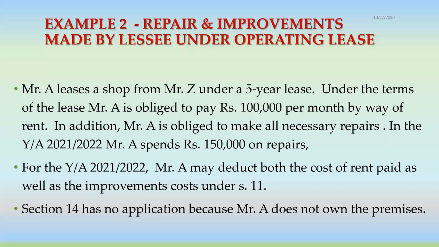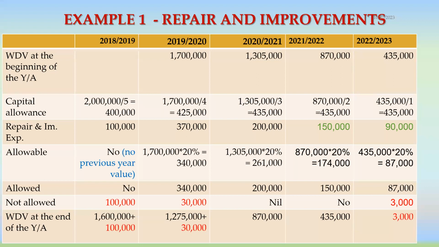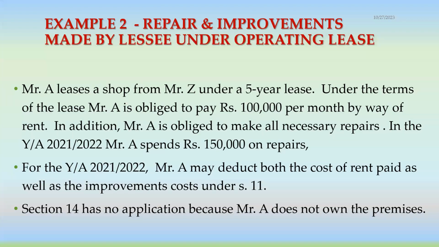Now I explain about the repair improvement expenses. Actually, this example 2 is relevant for the repair and improvements made by the lessee. Lessee means a person who rents a building.